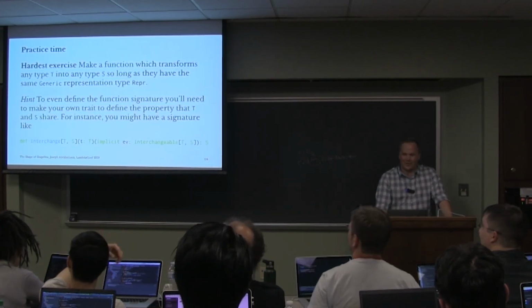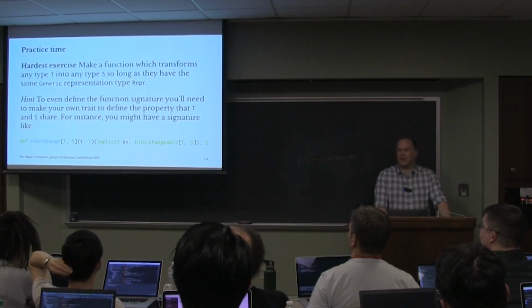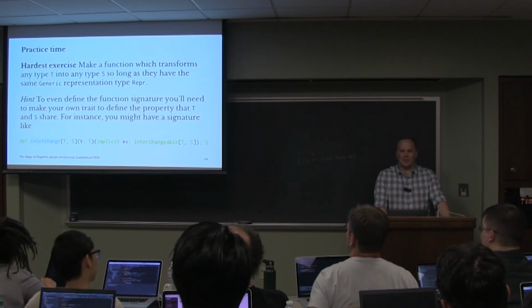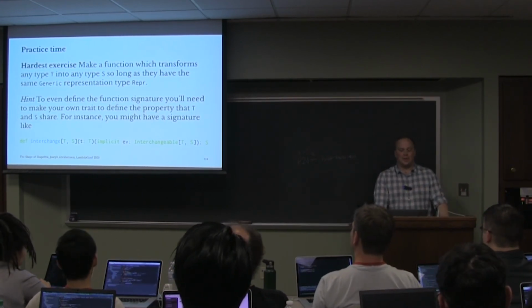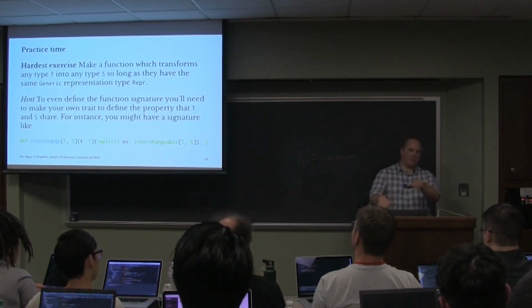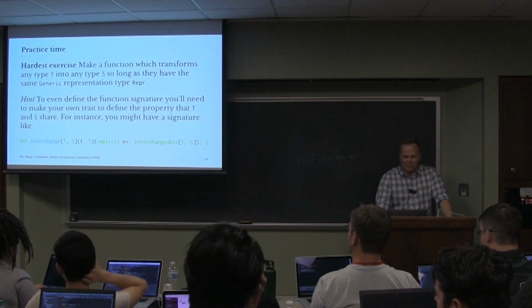Or the hardest one, and this is one for people that really feel like they've got it now, interchange. If 2 types have the same structural representation, you should be able to coerce one into the other and back. So then you have to ask for 2 generic instances and pipeline all that stuff. Those are all the exercises that I prepared.